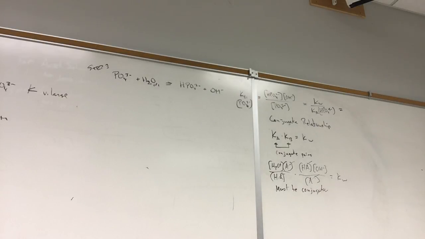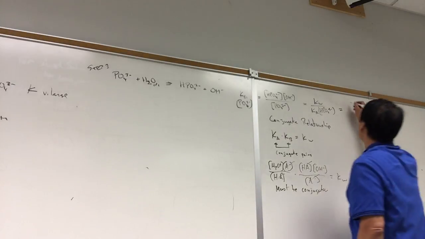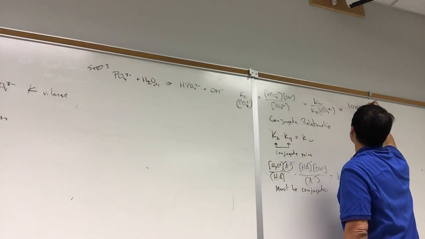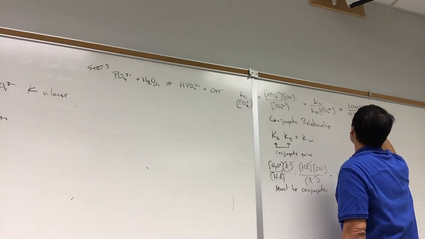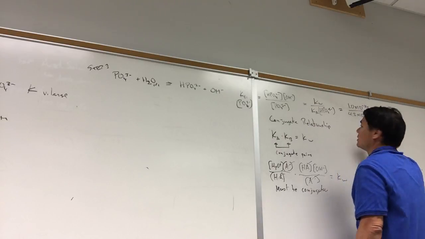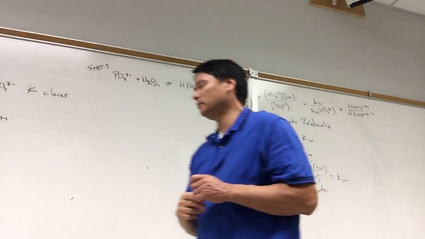Well, monohydrogen phosphate here is 2.2 times 10 minus 13. Yeah. 4.2 times 10 minus 13. So this is 2.2 times 10 minus 13 on the table, but our book has 4.2 times 10 minus 13. And so this would be 1.0 times 10 minus 14 over 4.2 times 10 minus 13, which gives us what for Kb1?